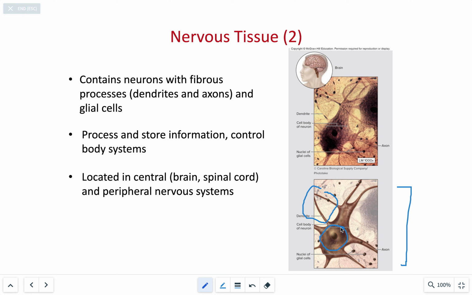The soma houses a nucleus and all the organelles necessary for proper function of the nervous tissue. And finally, after the information is processed from the cell body, it will be conducted as outgoing information to other cells through the axon.